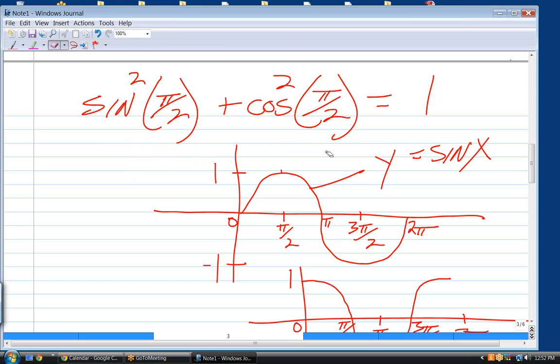We can do it manually, individually like this, or we can know that it's called the Pythagorean identity. There's 3 of them. And at some point in trig, they're going to want you to memorize all 3. But the most important one is sine squared of x plus cosine squared of x is equal to 1, no matter what x is.